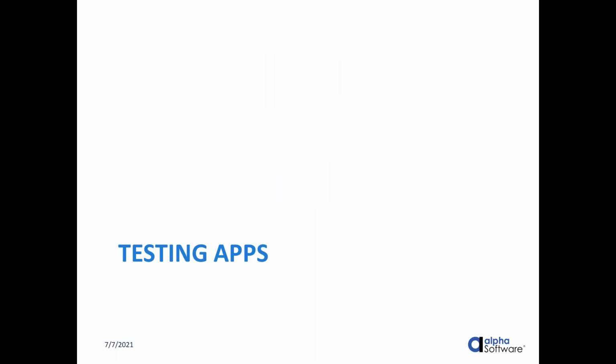So today we're going to talk about testing apps, and specifically the types of tools in Alpha Anywhere that are available to you to test your app before you ship it.